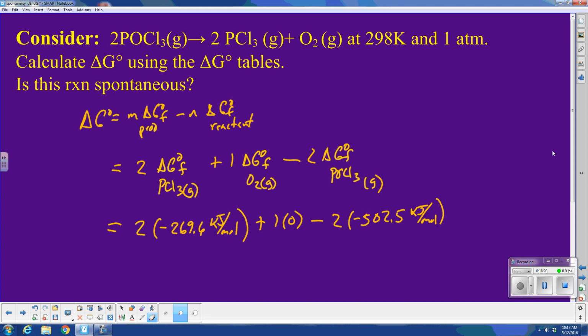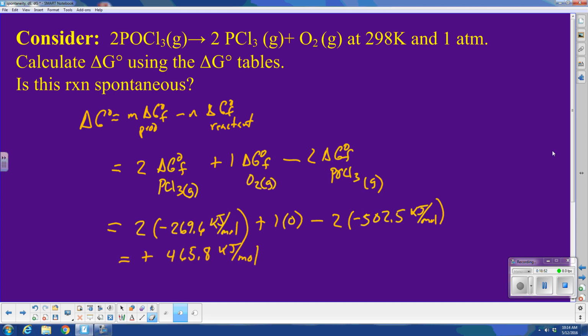Let's get my handy dandy HP30XA and run some numbers. 2 times 269.6 negative equals that, minus 2 times 502.5, and I get a positive 465.8 kilojoules per mole.